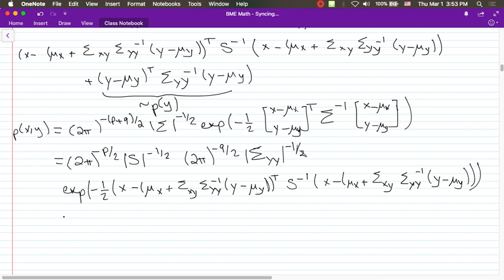That's the first exponential times the exponential of y minus mu y transpose sigma yy minus 1, y minus mu y.